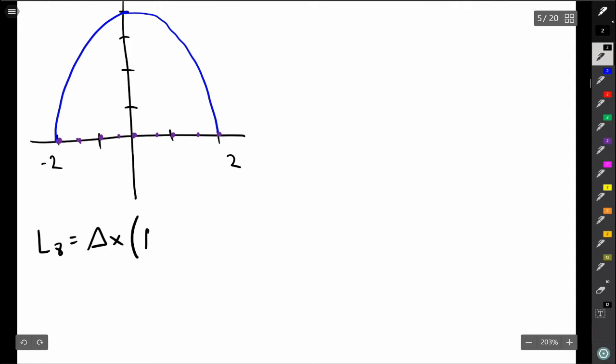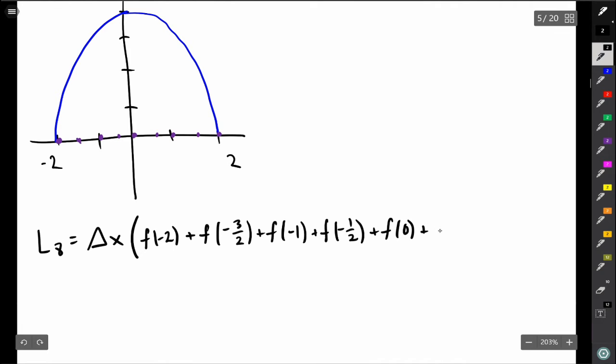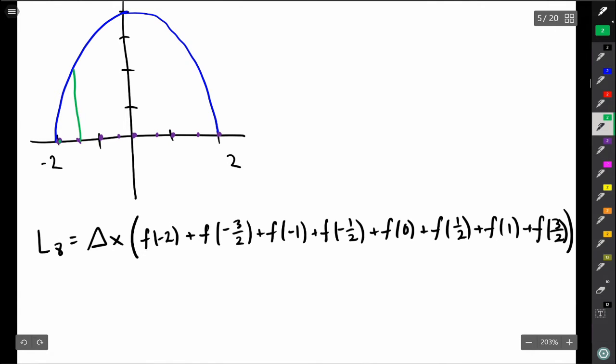All right, so here we have f of -2 plus f of -3/2 plus f of -1 plus f of -1/2 plus f of 0 plus f of 1/2 plus f of 1 plus f of 3/2. Right? So each of those left endpoints are where we draw the rectangles at.